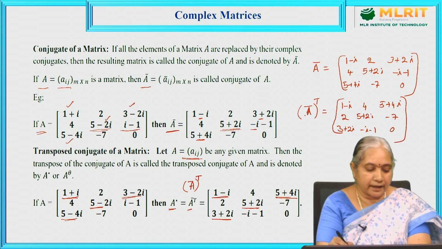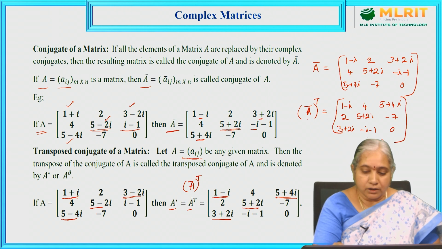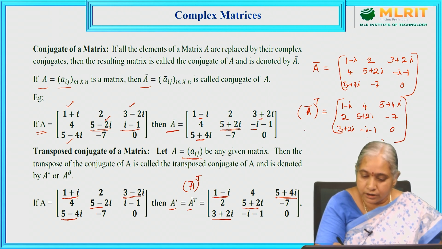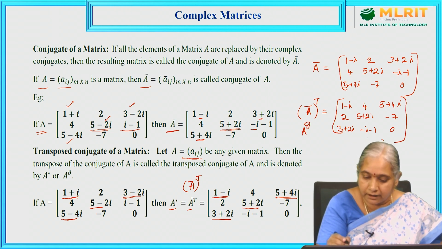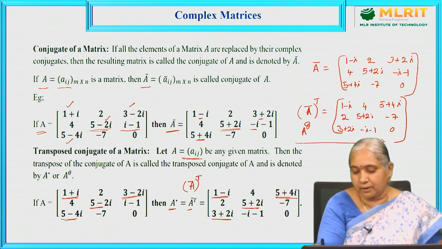So this is A conjugate transpose. Here A conjugate transpose is also denoted by A power theta. So this is the conjugate transpose of the matrix.